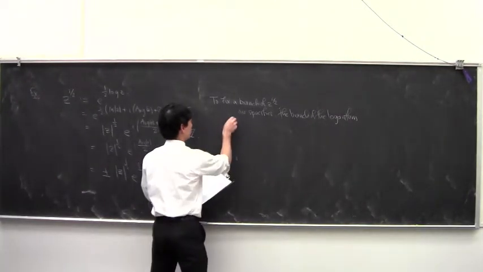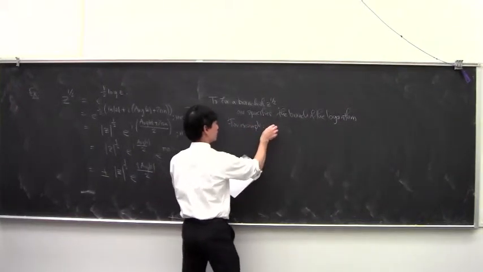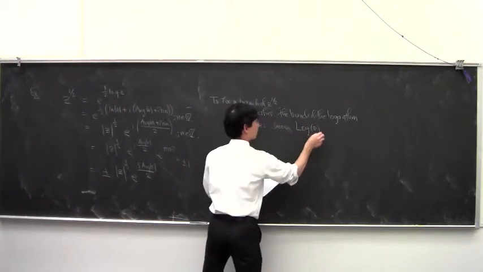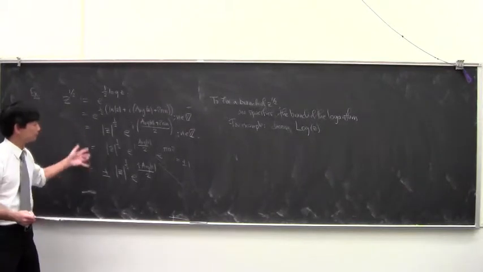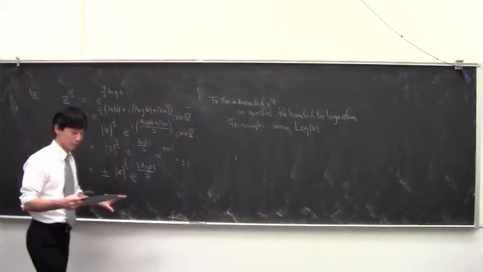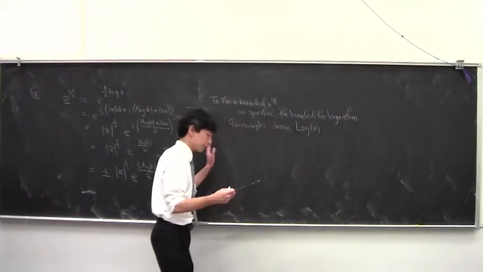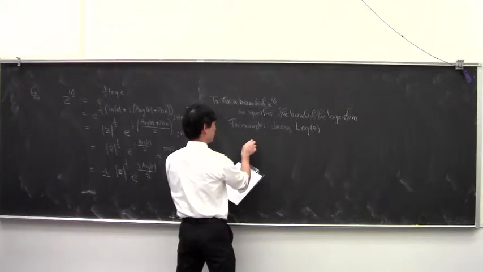Okay, so for example, again, let's choose the principal branch, and that will specify one of these branches. So then what do you get?